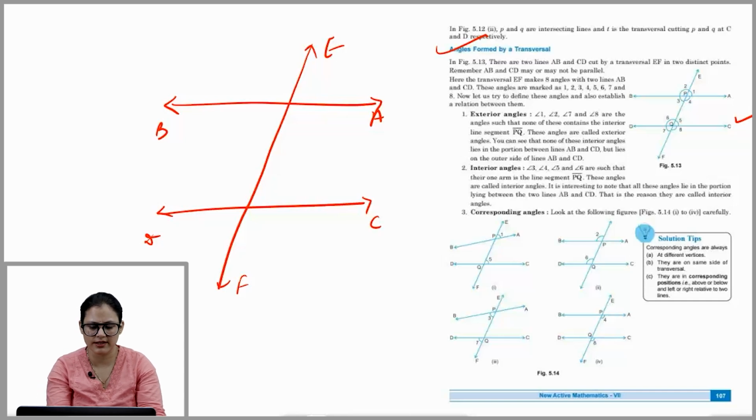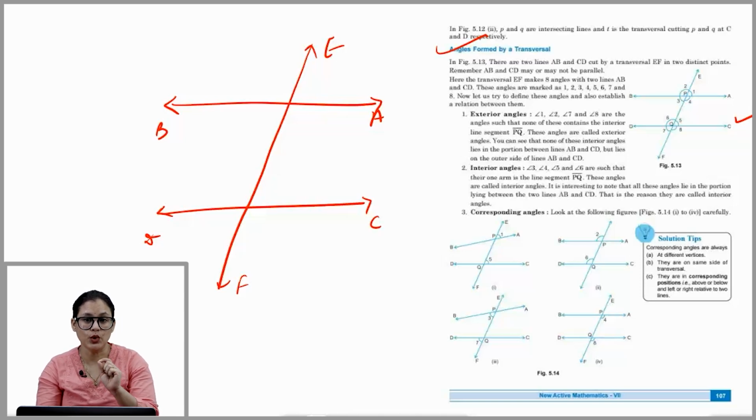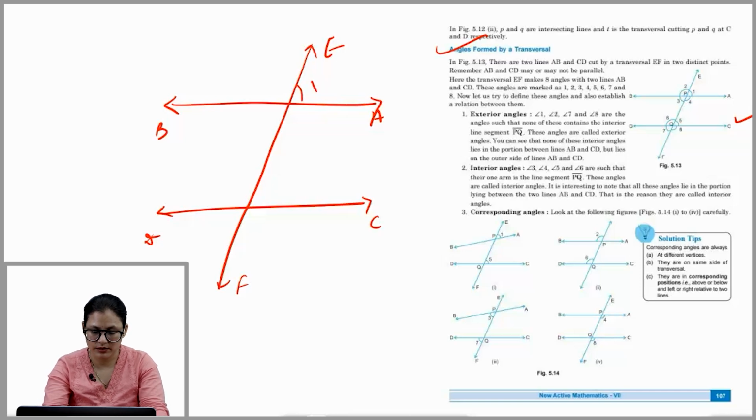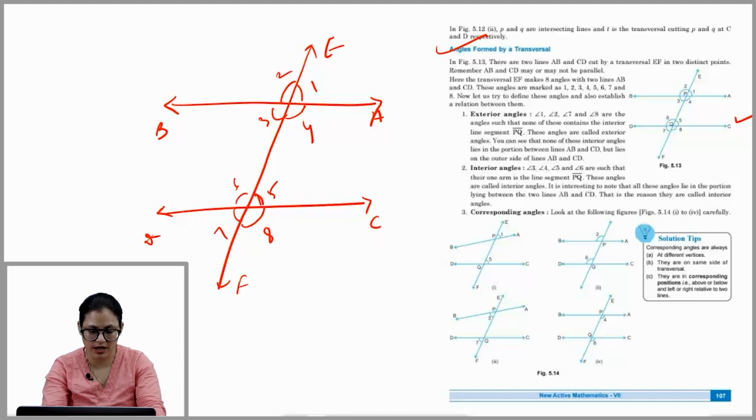It is not necessary that both these two lines are parallel. Here the transversal EF makes 8 angles with the two lines. See how? Angle 1, 2, 3, 4. Now 5, 6, 7, 8.